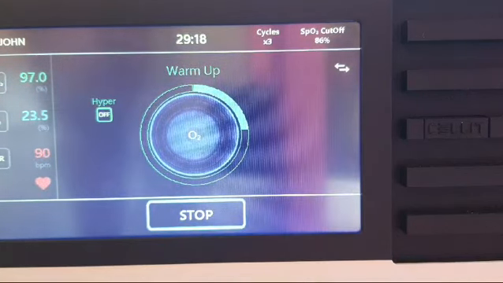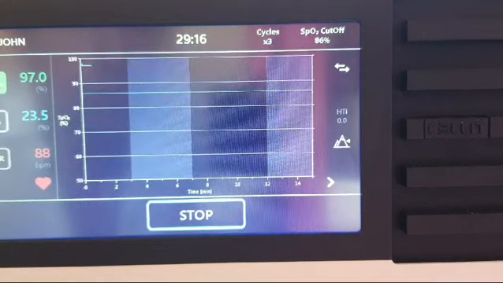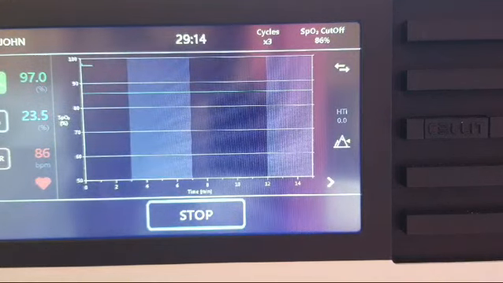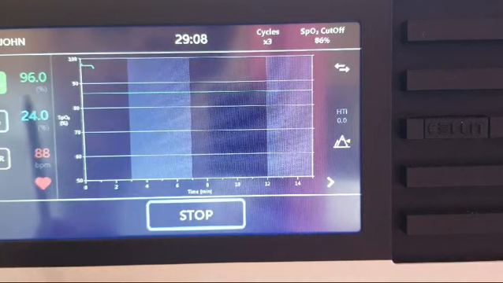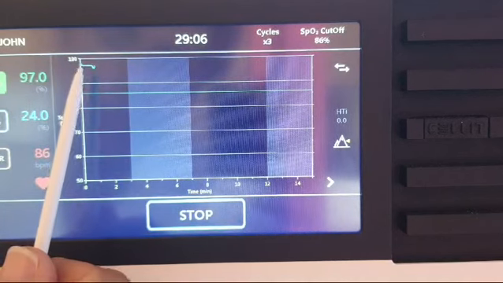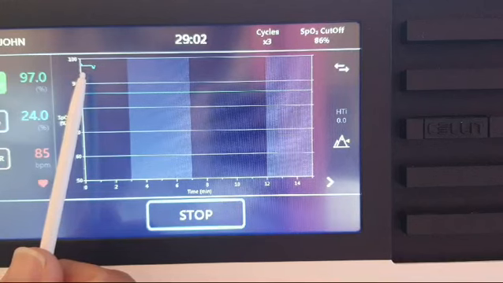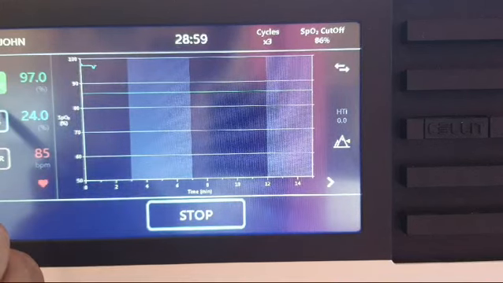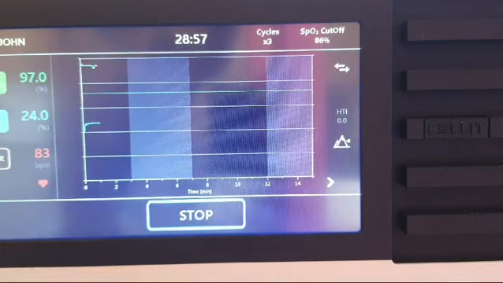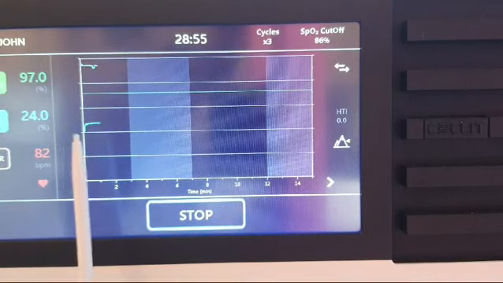Alternatively, I can go to these two hours here, and this screen shows a different view of what's happening in the treatment. At this moment, I am being shown what the SpO2 is, so what oxygenation I'm at. If I click on the O2 icon, it will also load up the oxygen curve.